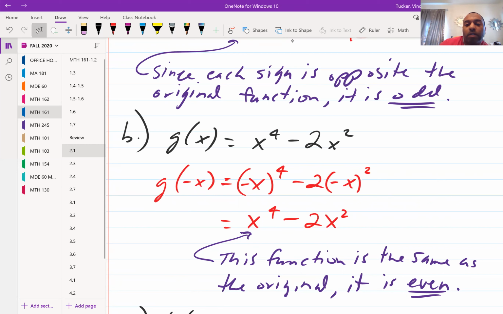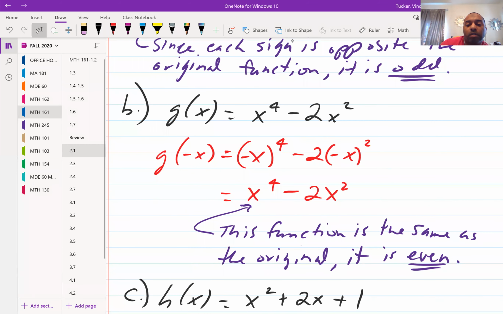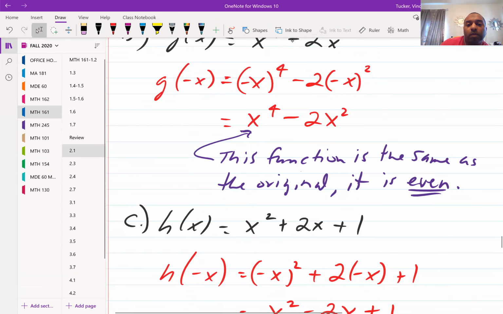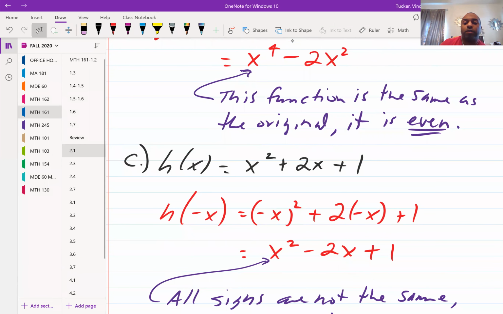All right. Questions before we look at the last one? All right. So h of x is equal to x squared plus 2x plus 1. And plugging in negative x into each one.